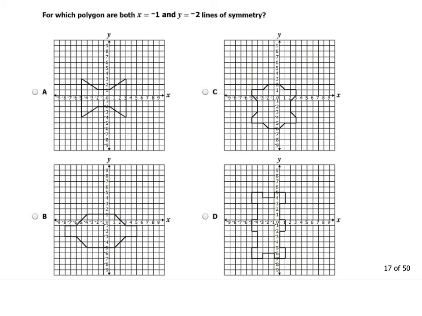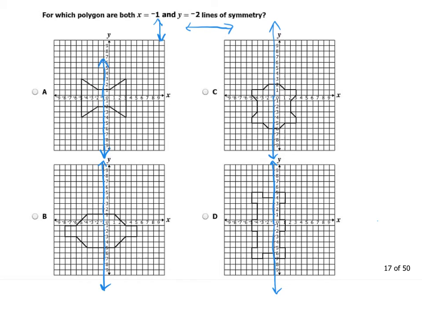So for this particular problem, they want to know when x equals -1 and y equals -2, a line of symmetry. So let's talk about this. x equals -1 is going to be a line that goes up and down. y equals -2 is going to be a line that goes straight across. So let's find all our x equals -1s and we'll put it in blue. All right, so I put in blue all my x equals -1, which are vertical lines that go up and down.